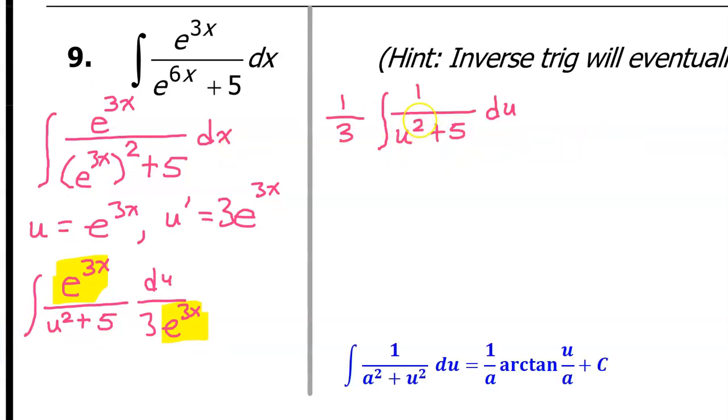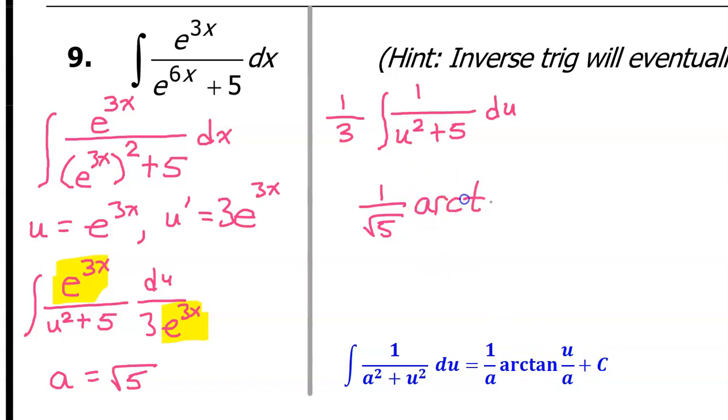So now we have this. This integral is a perfect match for the arctangent rule, where a is equal to the square root of 5. A is always the square root of the constant. So let's write the rule. We have 1 over a, so that's 1 over the square root of 5, and then arctangent u over a.